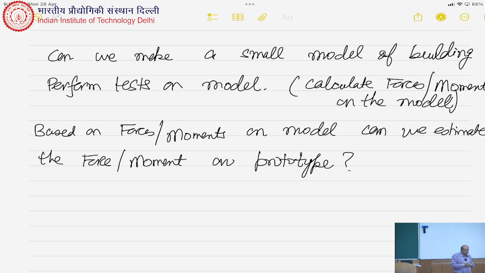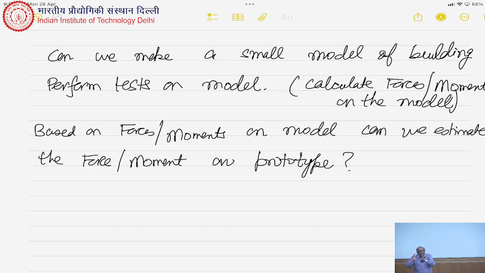Okay? And this is where, if you now think in terms of what we have done at the beginning of the class today, suppose the situation is like we had in the class, pi 1 is a function of pi 2. So now you have two cases, a model and a prototype.